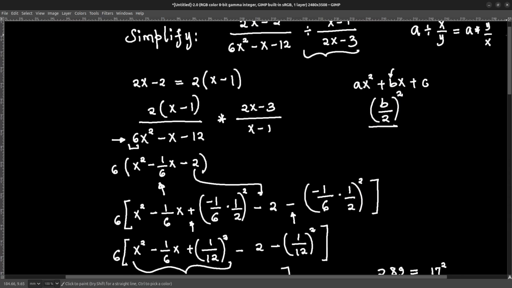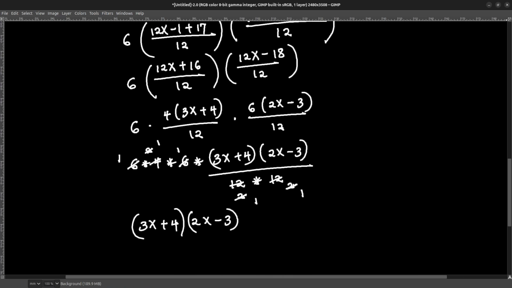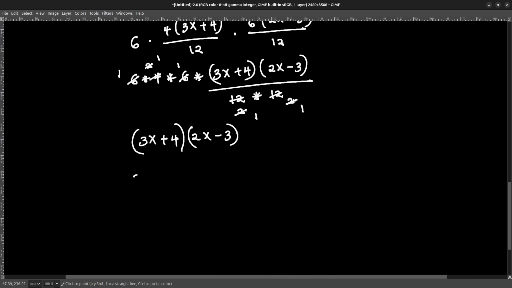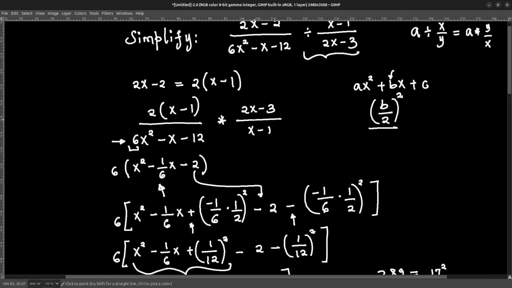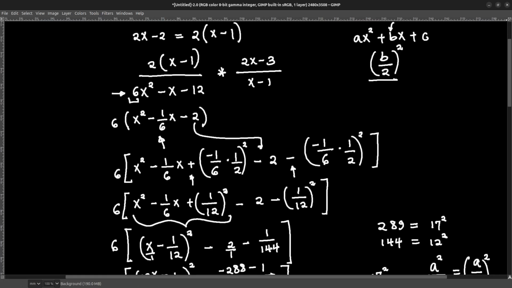So where were we? We are going to have 2x minus 1 over the simplification. So we come back here. We are saying we have 2x minus 1 all over this simplification, which is 3x plus 4, 2x minus 3, and then times, the other side was 2x minus 3 over x minus 1.